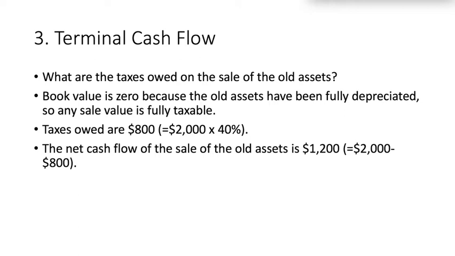So if they're able to be sold for anything, that would be counted as a taxable gain. So we are saying that they can sell them for $2,000. So 2,000 times 40% tax rate is $800. So the net proceeds of the sale of the old asset, while we sell them for $2,000, we will also owe $800 in taxes, meaning the net amount that we actually get would be $1,200.